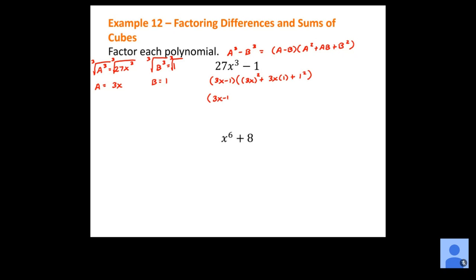So we have 3x minus 1. 3x squared is going to give us 9x squared. 3x times 1 is plus 3x. And 1 squared is just plus 1. And again, remember I said that second set of parentheses will never factor, so we don't even need to try it and worry about it. So this right here is the correct factored form of that difference of cubes.